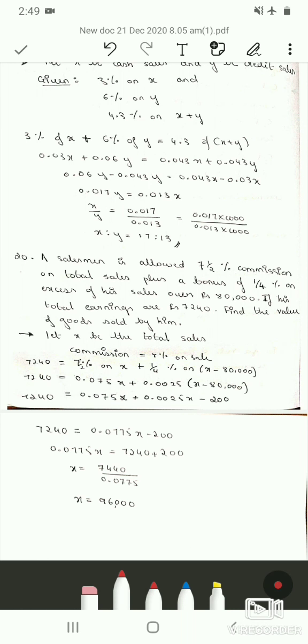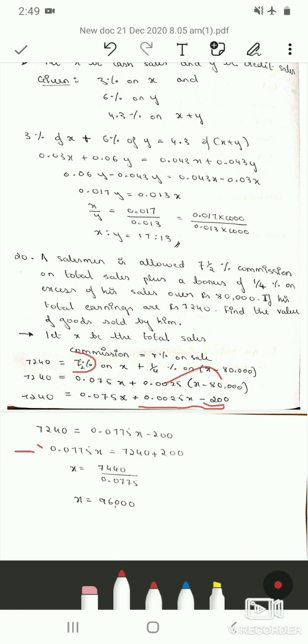So 7,240 is equal to 0.075 into x. When you simplify 15 divided by 2 whole divided by 100, you will get 0.075x, plus 1/4 whole divided by 100 is 0.0025 into x minus 80,000. In this term we will get 0.0025x minus 200. When you multiply these two terms, you will get 200.